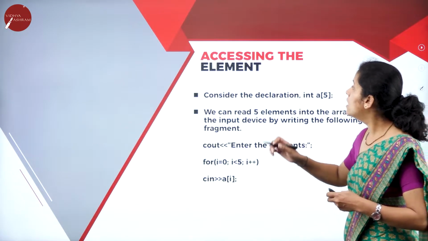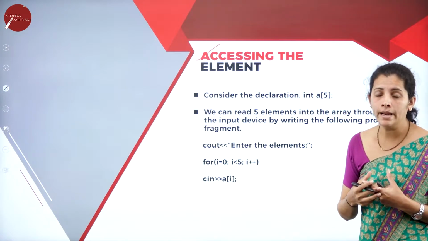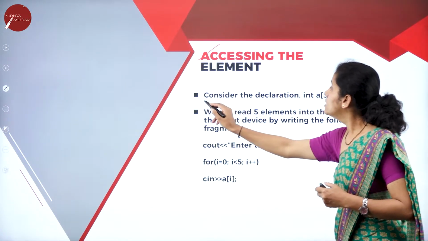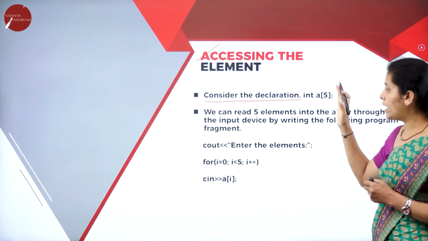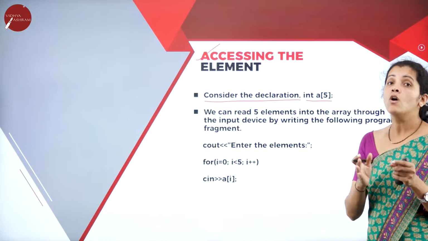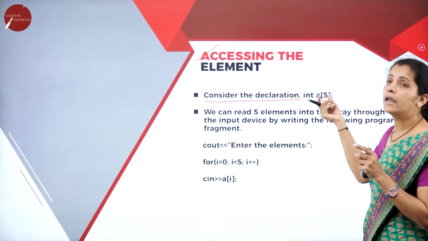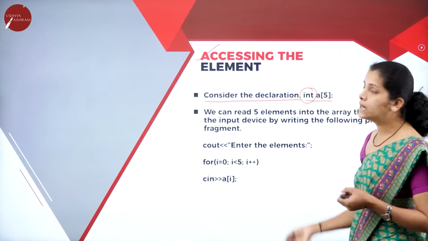Moving further, I'm going to show how to access the elements which are stored in the array. So, consider the declaration that is int A of 5. Here I'm going to reserve 5 memory blocks for this array A. Once again, see here, what is the data type?